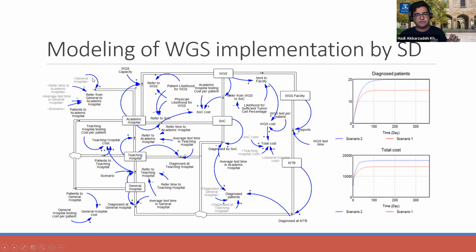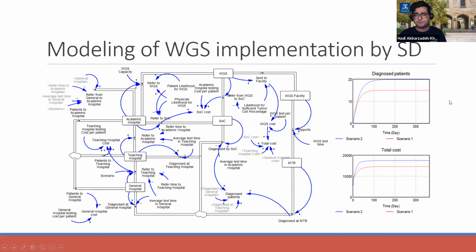So we have just one alteration in the model, and we check these two scenarios. Scenario one is what happens currently. Scenario two is if we refer patients directly to academic hospitals, and then there is a chance for WGS.